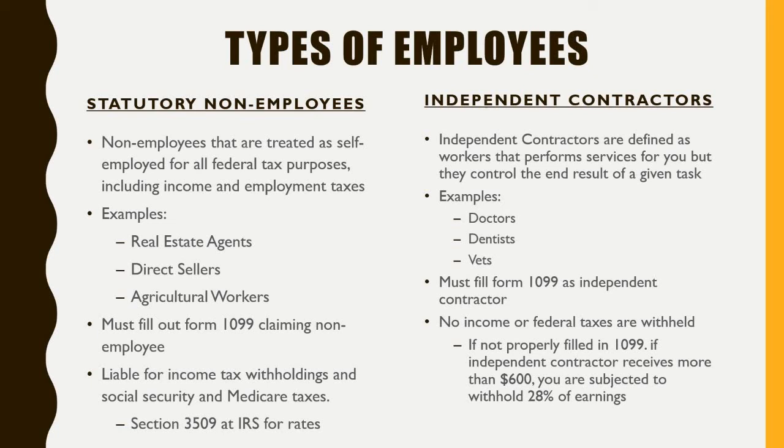So they're responsible to pay for their own taxes at the end of the year. Okay, so again, independent contractors, right? The company does not pay a dime except for whatever the task was given. Okay, all right. Any questions here?